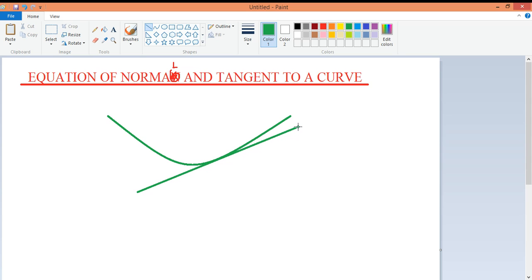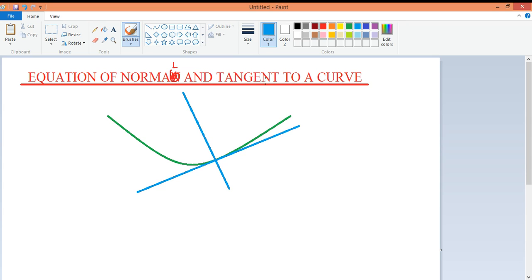A tangent is a line drawn to touch the curve. So this is a tangent. The blue line is a tangent. It's drawn to touch the curve, and the normal is a line drawn such that it becomes perpendicular to the curve.